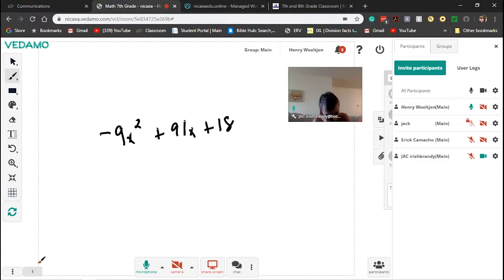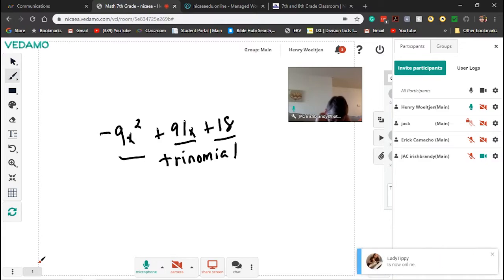And the answer is, this is a trinomial. Why? Because there's 3 different terms, right? Negative 9x to the second power, 91x, and 18. So that is a trinomial.